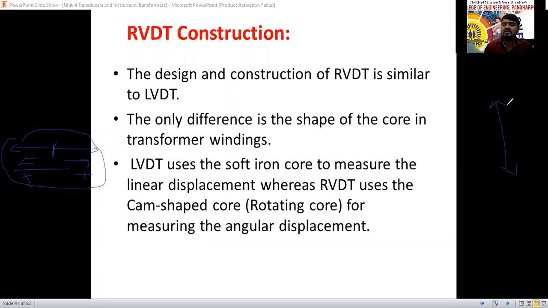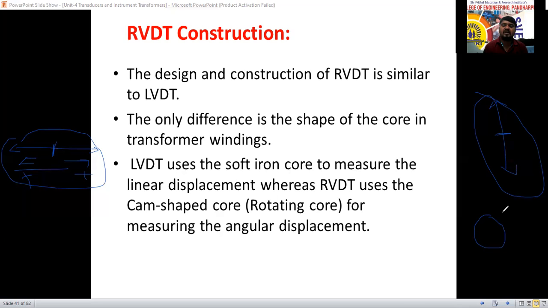From the LVDT we can measure horizontal or vertical displacement. But the RVDT is angular displacement. It is going to rotate 0 degree, 30 degree, 60 degree, 90 degree, like that. So instead of the linear soft iron core, we use a cam-shaped rotating core in the RVDT, which gives the output in the secondary winding whenever angular displacement takes place.